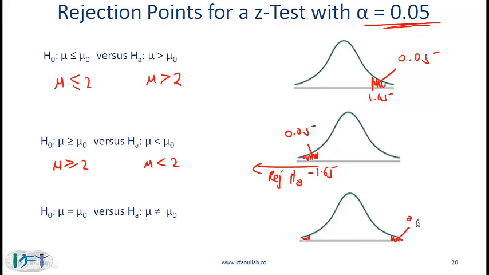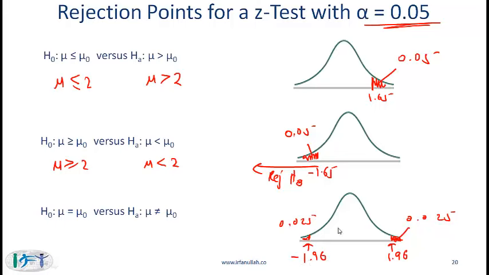So in each tail we have 0.025, which means that the critical value will be a little larger. So in this particular case, if we have 0.025 in the right tail, the critical value for a Z distribution would be 1.96 and minus 1.96.